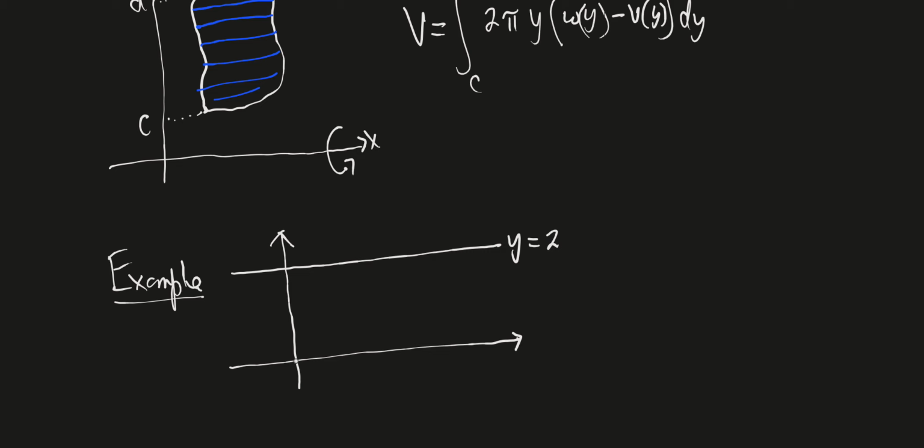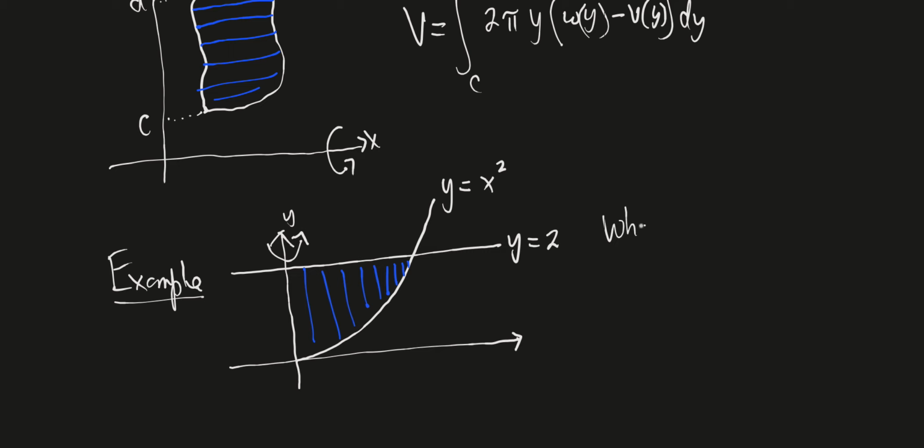And then we have, let's say, y equals x squared, right? And let's say here's our region between these two, and we're going to revolve this about the y-axis. So this is our axis of revolution.